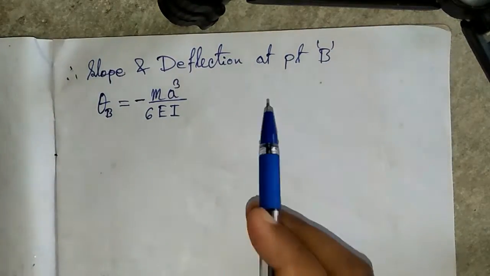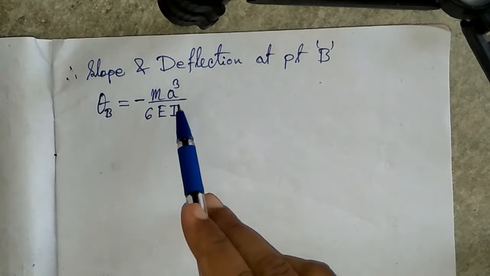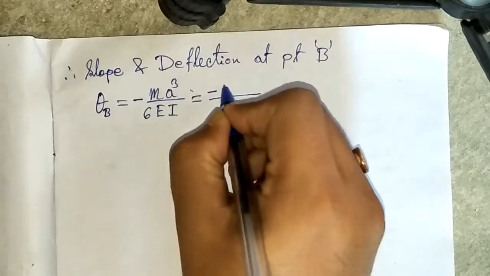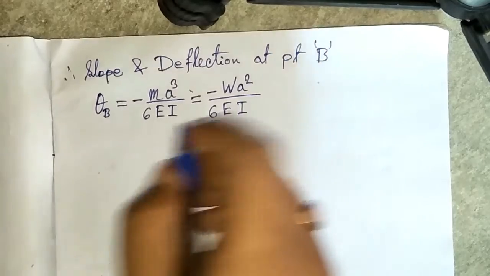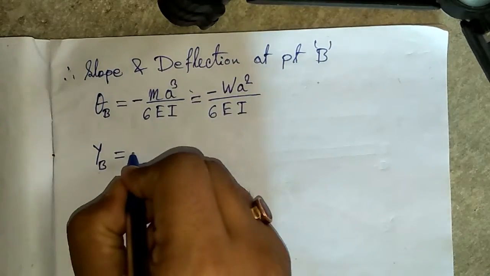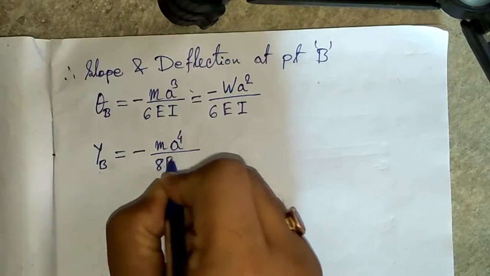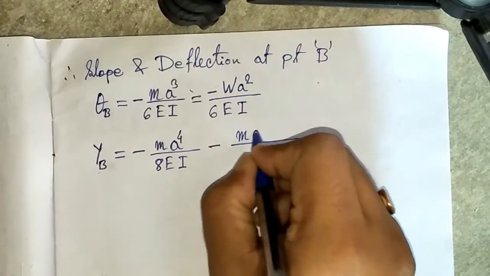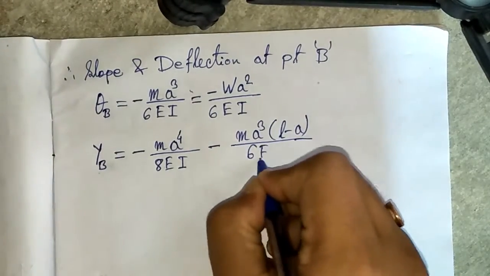So the slope and deflection at point B: theta B equals minus m a cube by 6 EI, or in terms of total load, minus w a square by 6 EI. The deflection at point B, YB, is minus m a to the power 4 by 8 EI minus m a cube into (L minus a) by 6 EI.